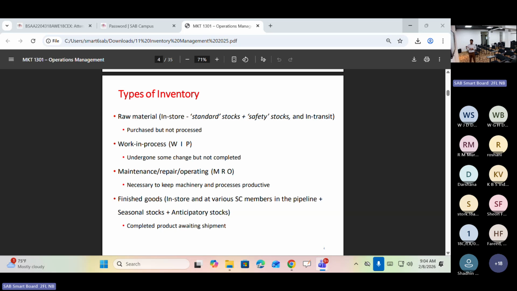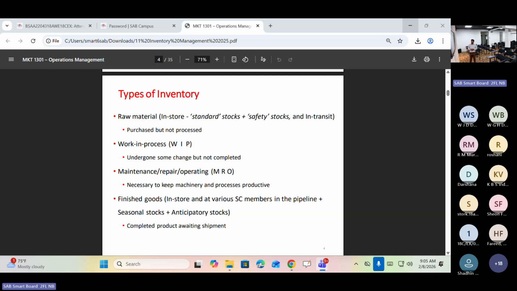In addition, the finished goods are the completed products ready to send to the market, awaiting shipment. That would be the normal inventory levels, plus additional seasonal stocks they produce to supply the fluctuating market demand, or other anticipatory stocks, maybe safety stocks, that businesses would maintain to absorb market fluctuations.